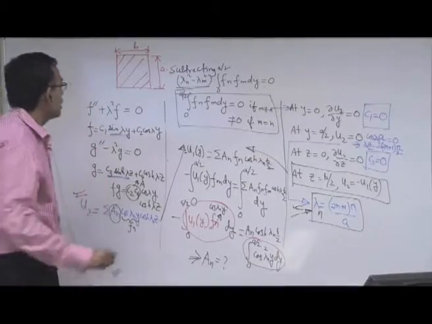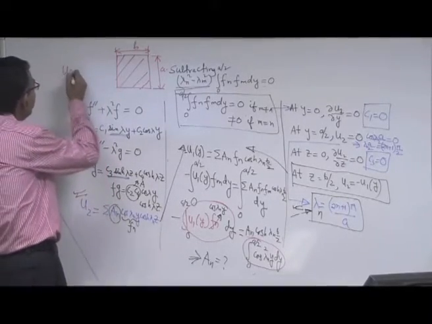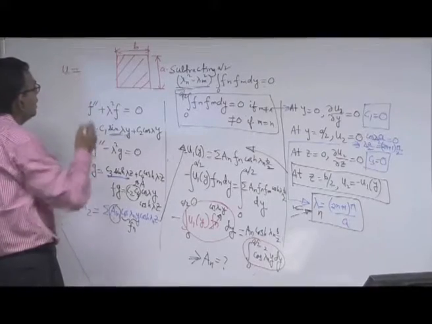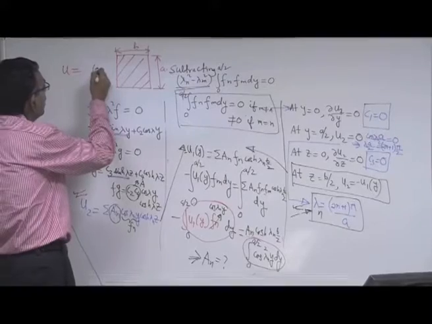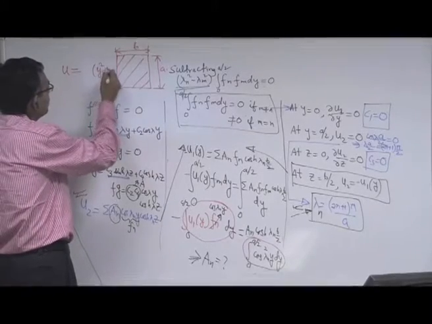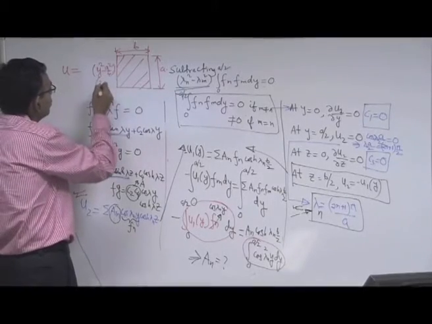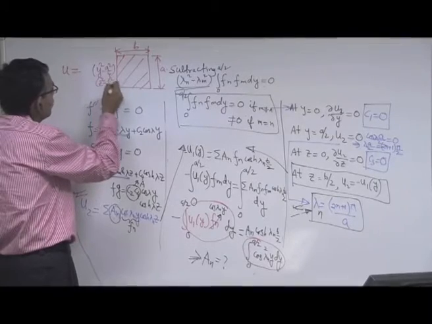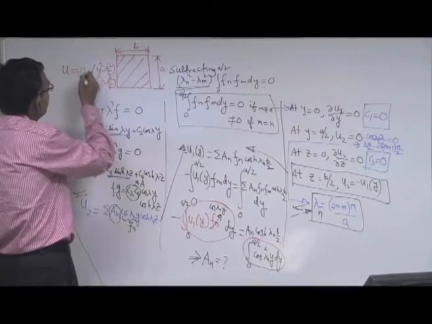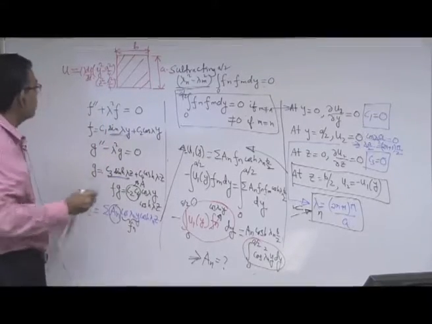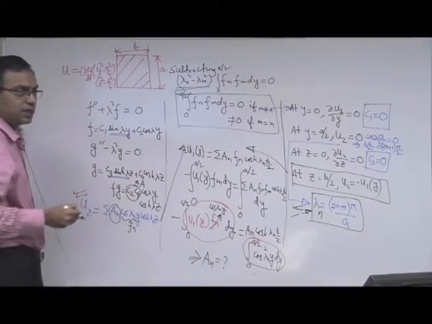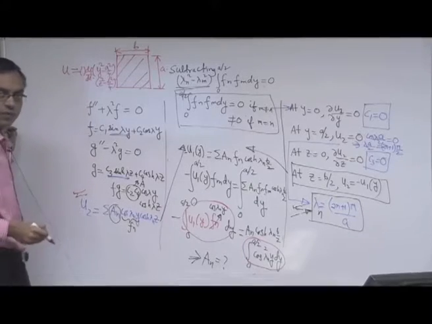If you recall, the velocity profile was something like, I cannot remember it exactly, something into y square minus a square by 4 into z square minus b square by 4, something into dp dx, I mean some constants may be there.